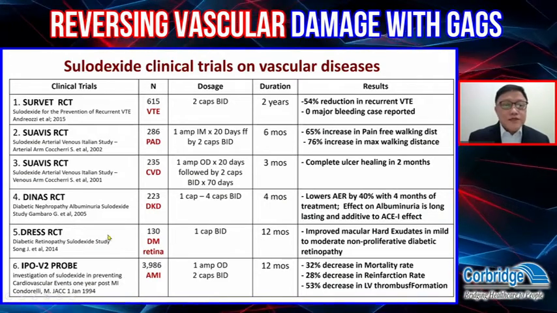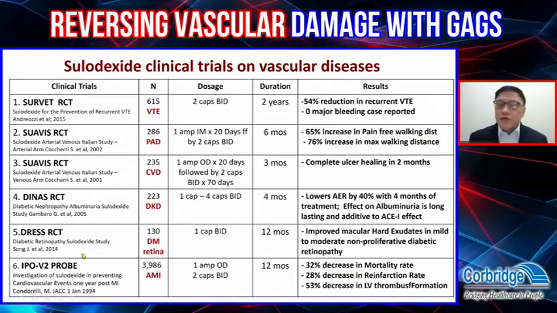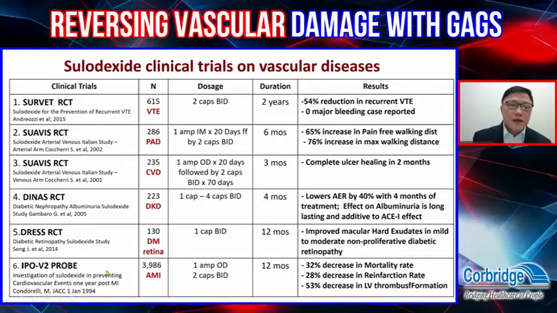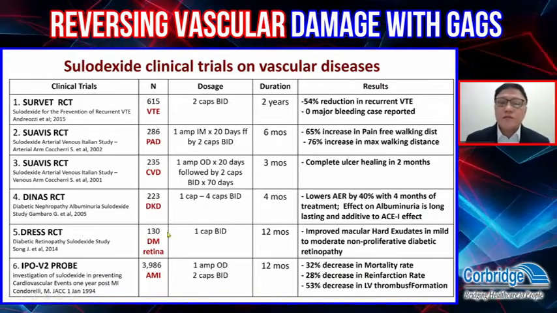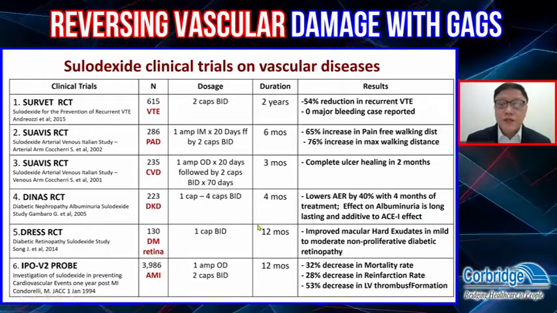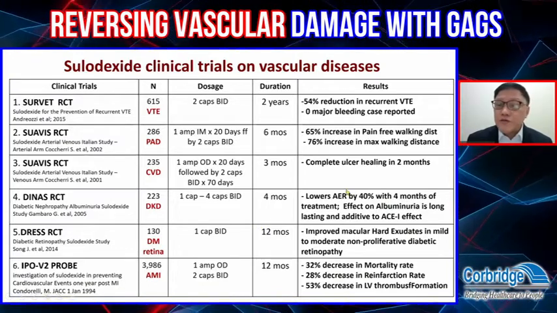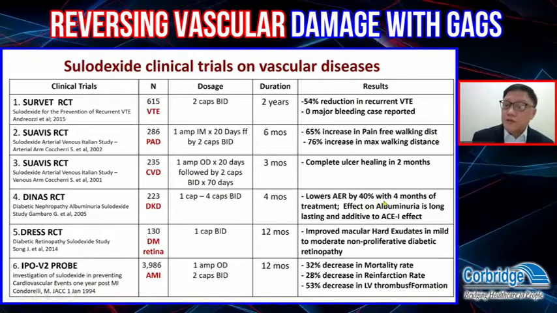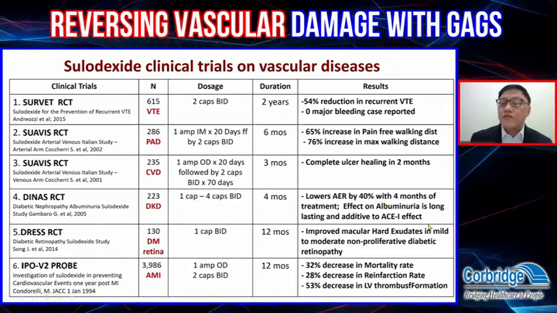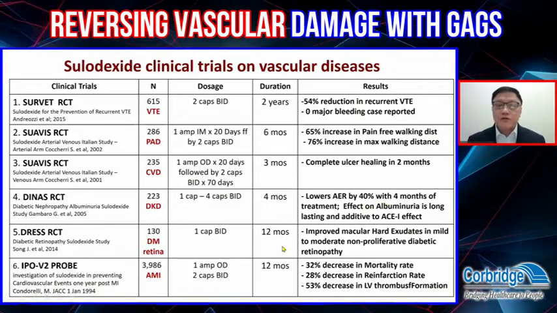The next is the DINAS study, which is in patients with diabetic nephropathy and albuminuria. And the use of sulodexide lowered the albumin excretion rate by 40%. And this is on top of the effect of ACE inhibitors.